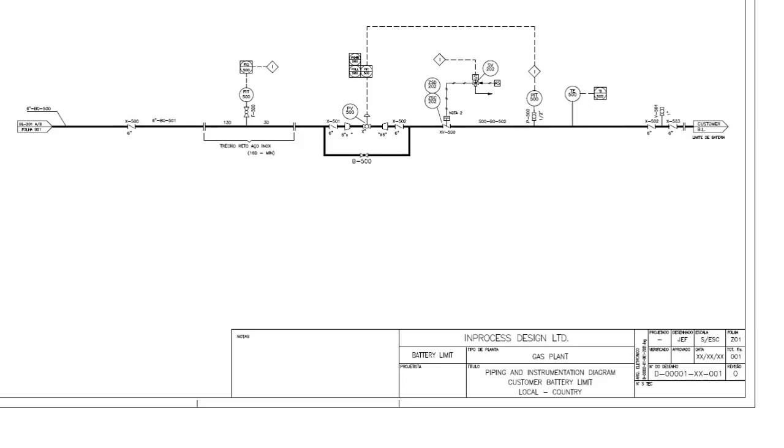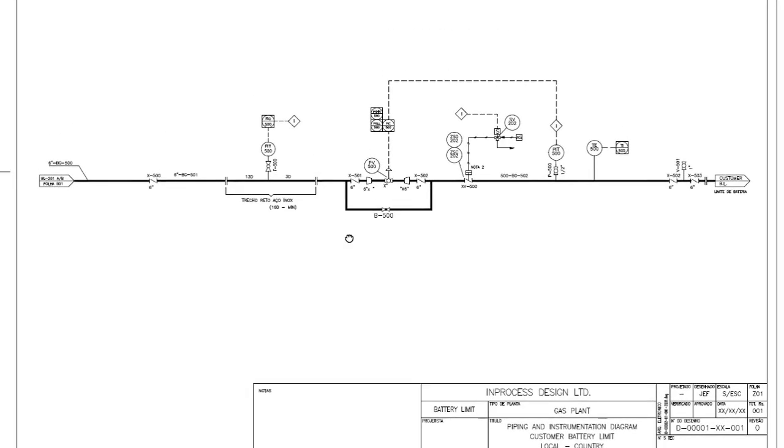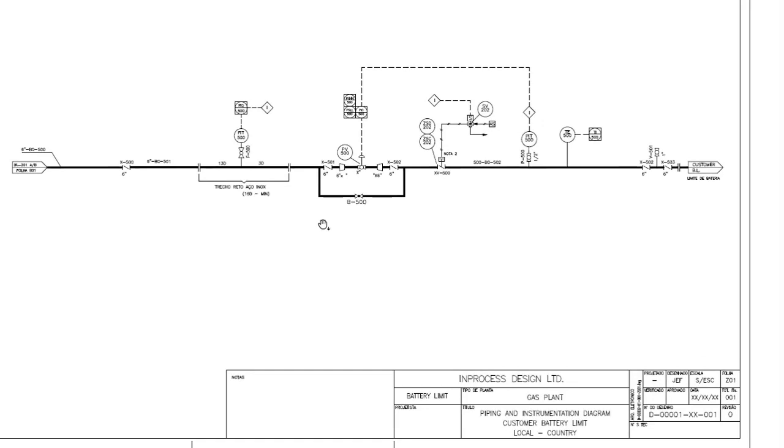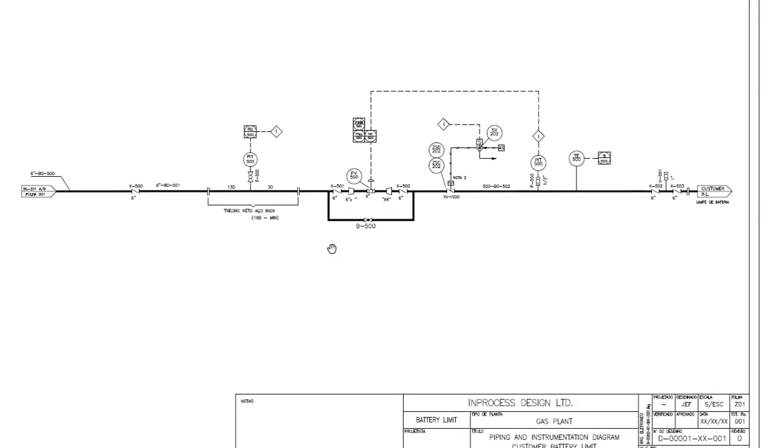There are also other standards that talk about piping and instrumentation diagram development, like ISO or PIP. So the most important thing for the chemical process engineer is to understand what is going on in the drawing.